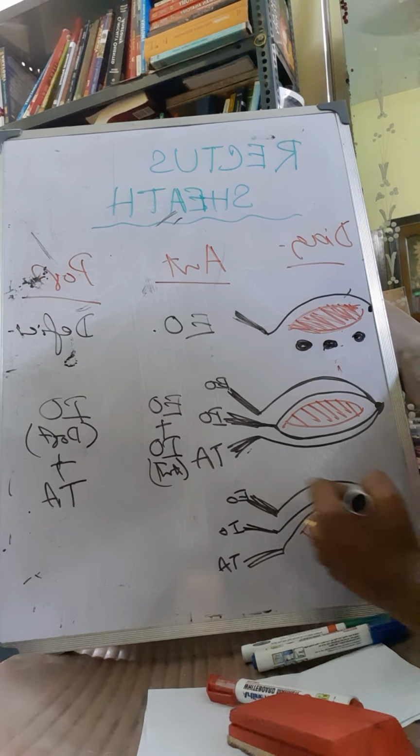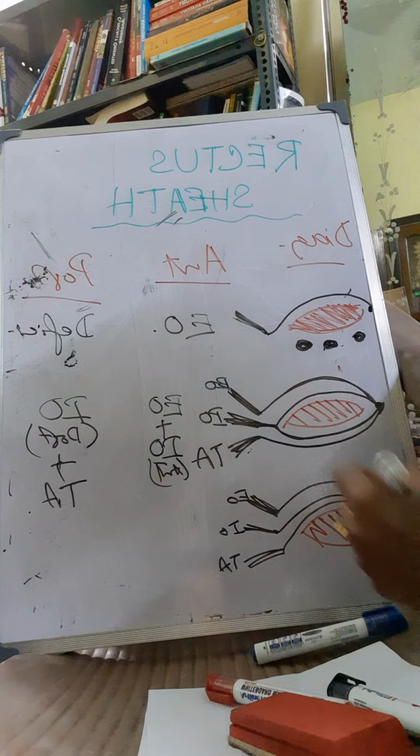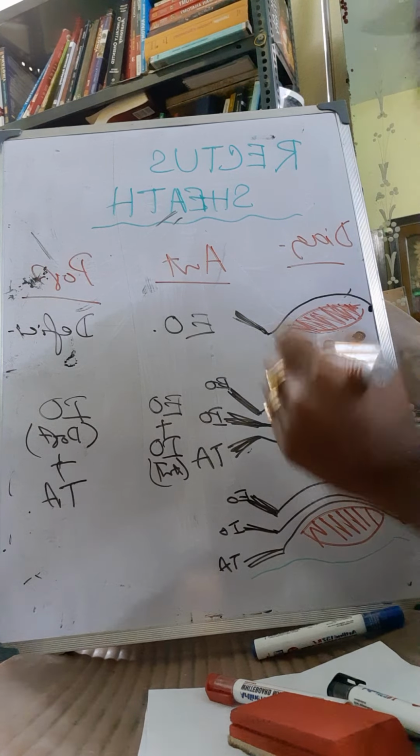So, the anterior layer or the anterior wall of the rectus sheath is thickest at this level and the posterior wall is completely deficient here, and this is formed by fascia transversalis. Clear?